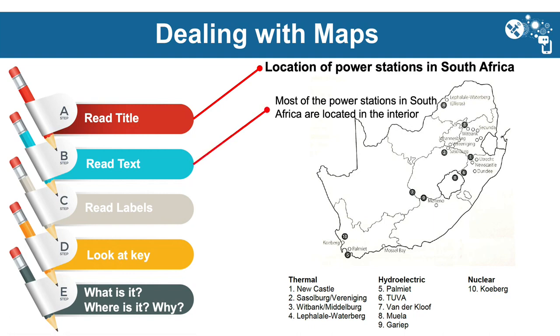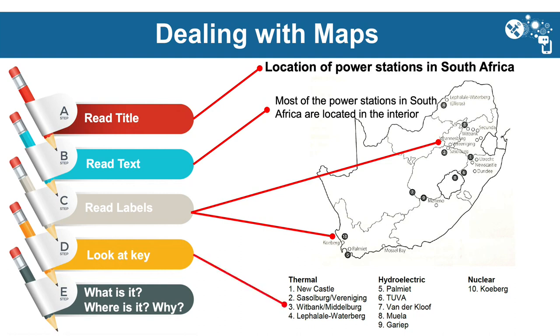In this case, there's only 2 lines. Most of the power stations in South Africa are located in the interior? That's a possible question. Read the labels. In this case, your labels are the names of towns and cities and the names of specific power stations. Have a look at the key. And these are showing me the type.